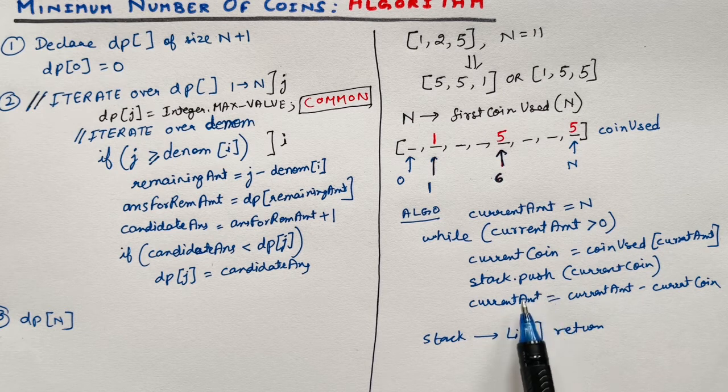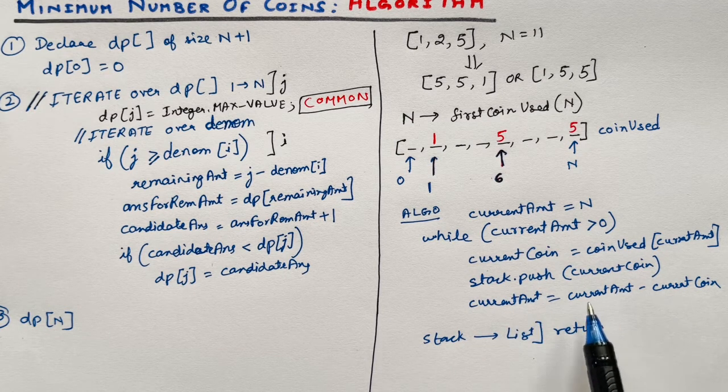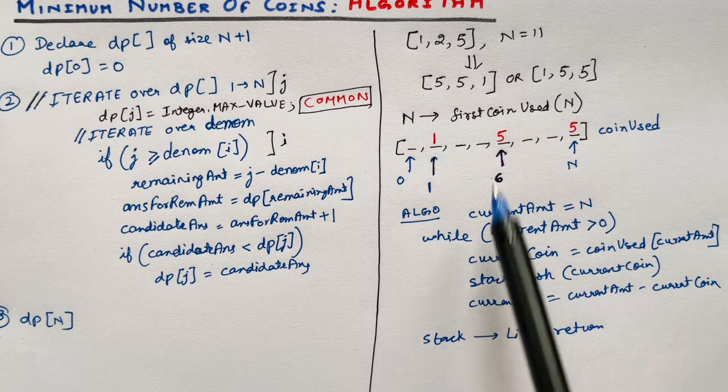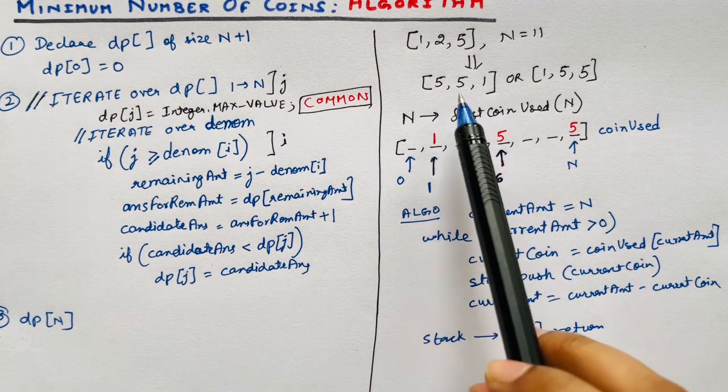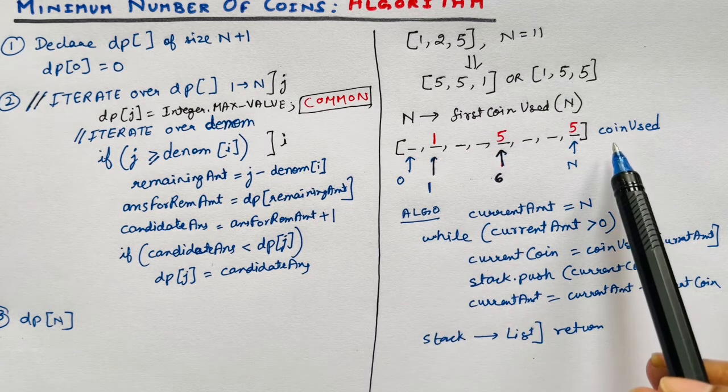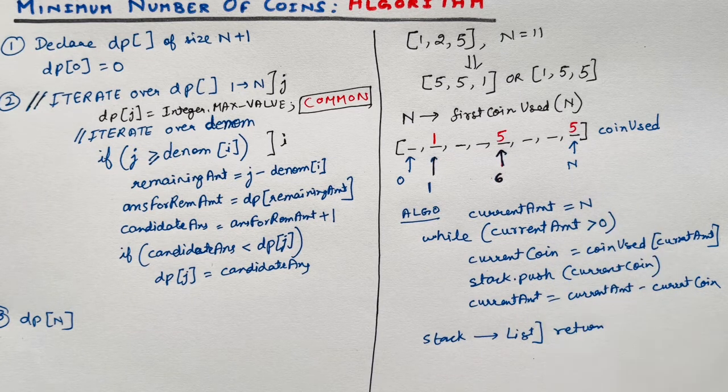And then we will update our current amount. Then whatever coins we've used are already present in the stack. So we will convert the stack to a list in whatever order is desired, be this order or the reverse order, and then we will return it. So this way we can use this array to figure out what were the actual coins used.